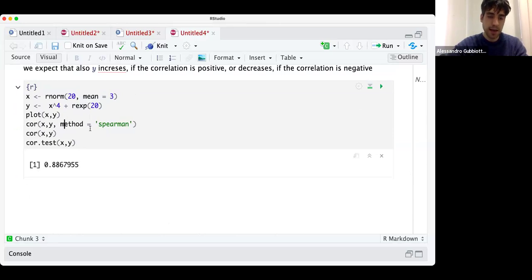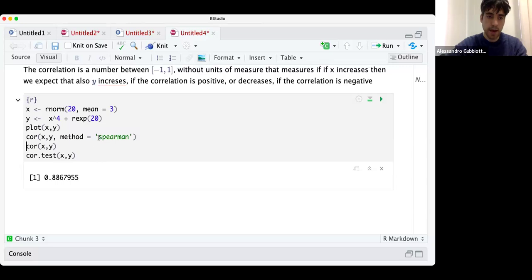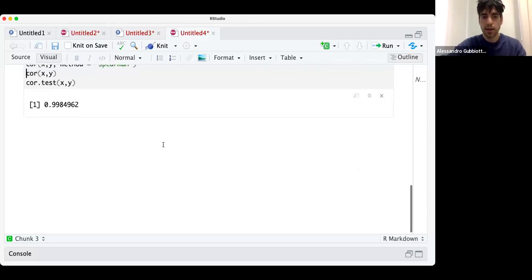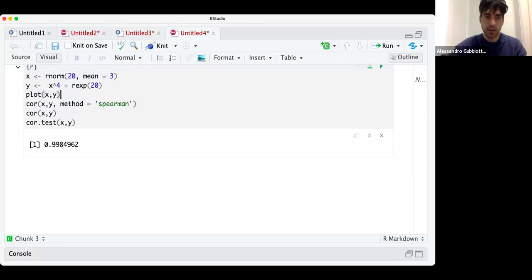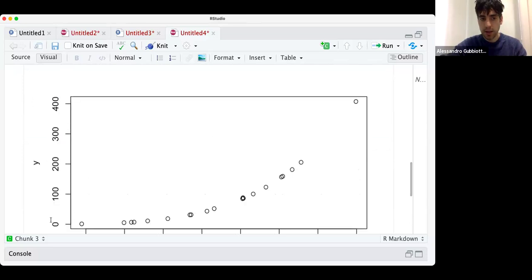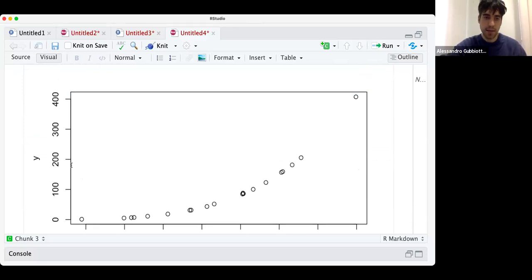Well, you see, in this case, the Spearman's gives you a value which is almost 1. And indeed, looking at the plot, you expect them to be really correlated. But you see that the y-axis travels on a different scale of magnitude.